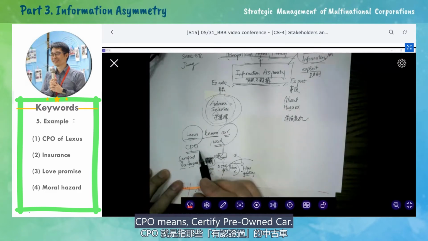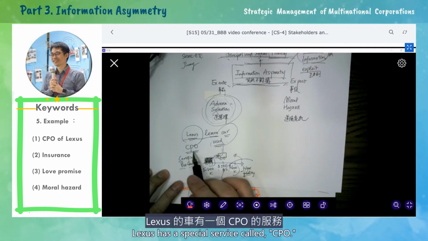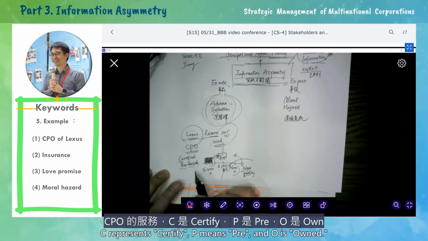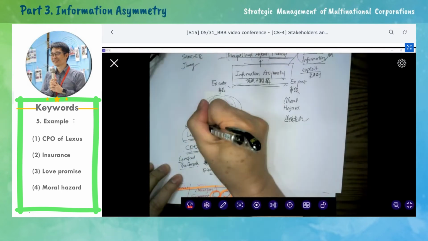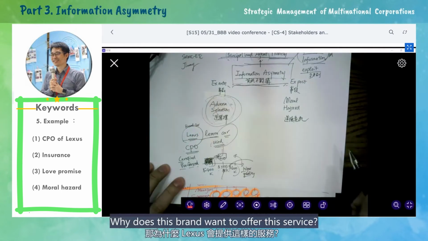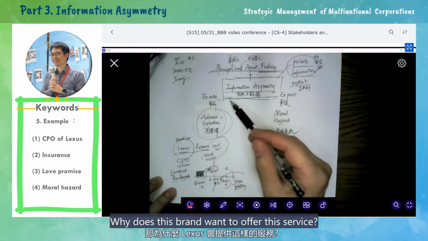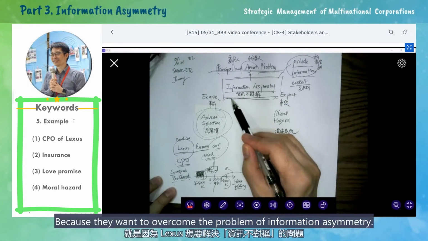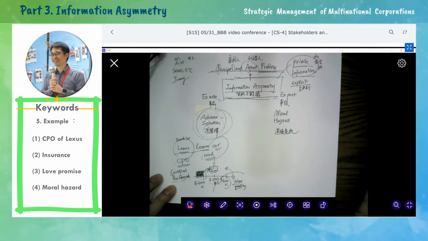Why does this brand want to offer this service? Because they want to overcome the problem from information asymmetry.